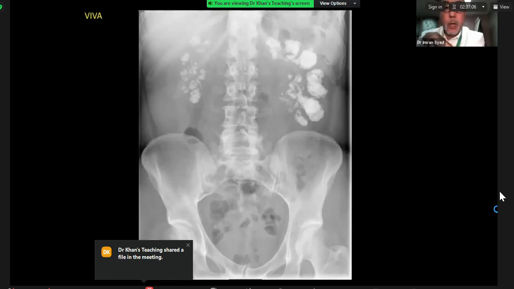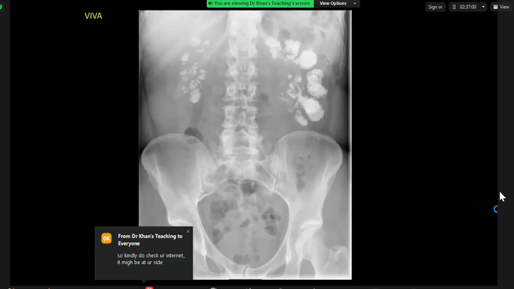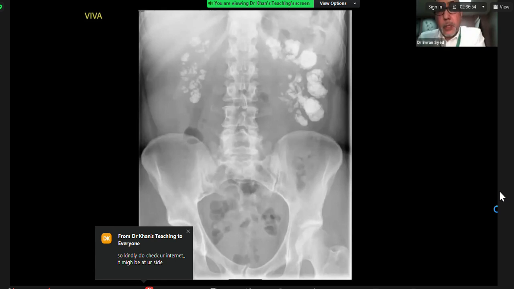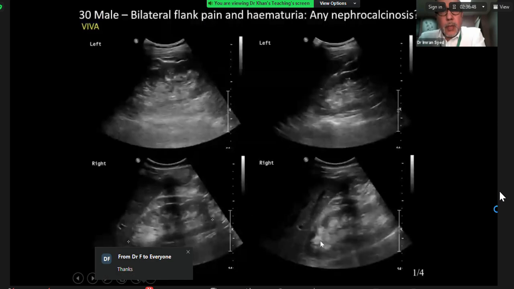Good. So what's your diagnosis here then? I think it's most likely to represent medullary sponge kidney. Okay, so we've got a classic example of a medullary sponge kidney, and as you say, this is medullary nephrocalcinosis. So this is a spot diagnosis, really, isn't it?